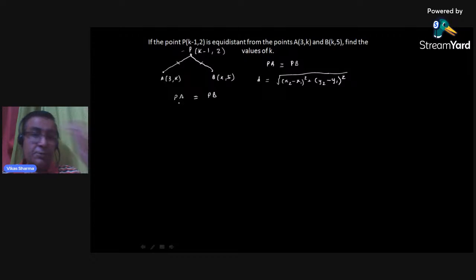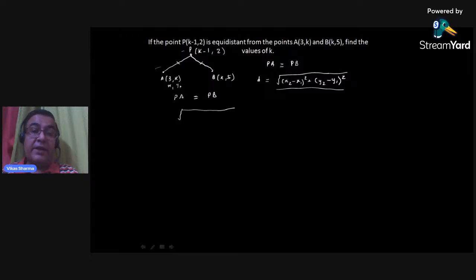Meanwhile, I'll continue to do it at a slow pace so that you are able to give me the answer before I do it. To find the distance PA, we are going to apply the distance formula, which is this. So it will be the square root of... I can take x1 as any point and x2 as any point. It does not matter what I take as x1 and what I take as x2. Just that if I'm taking this as x1, then I have to take this as y1 only.